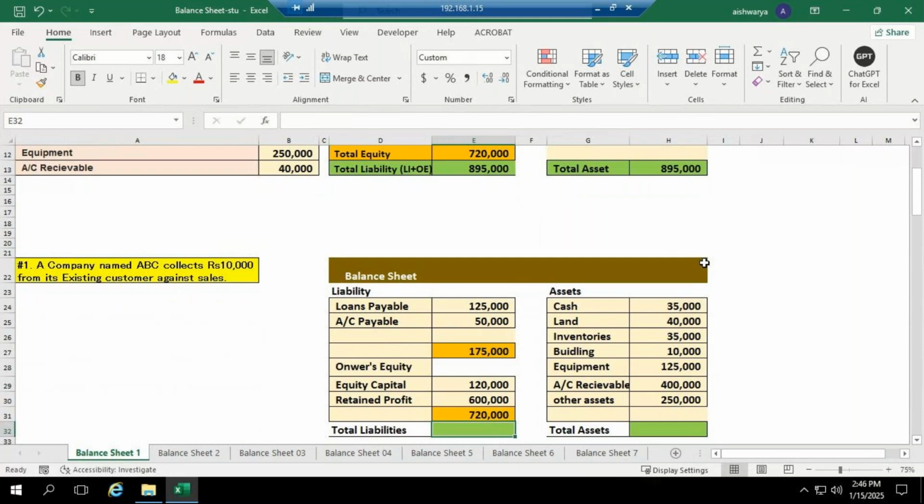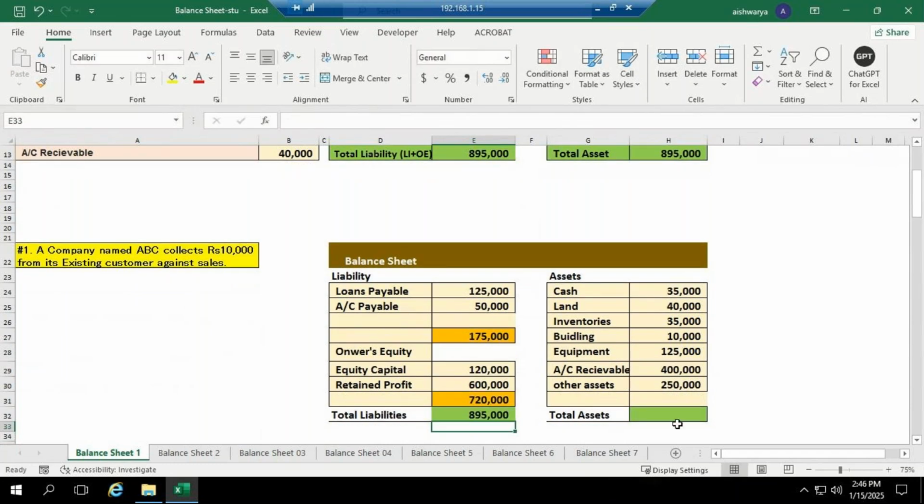So now total liabilities, again this plus. Okay, 8,95,000. So here also.